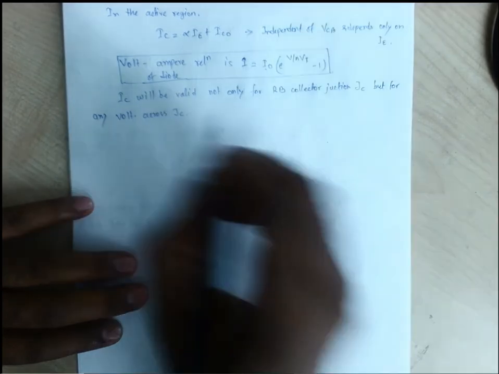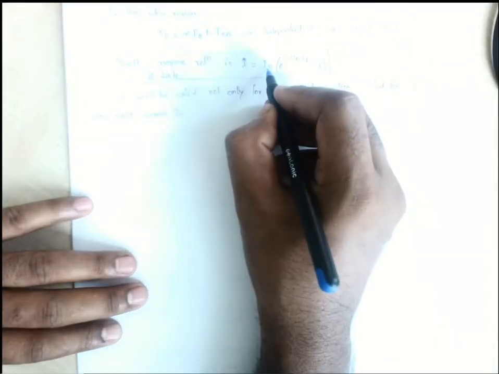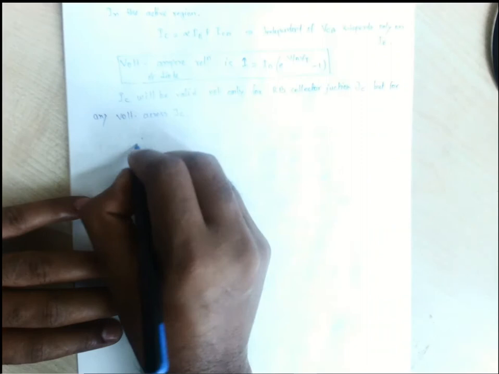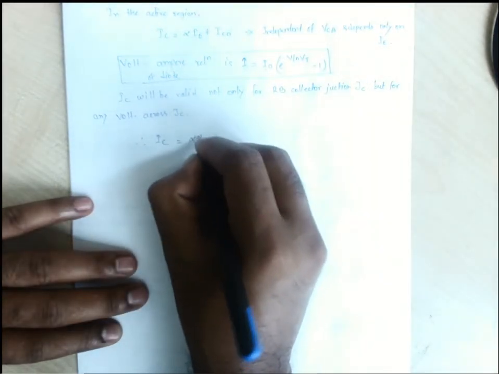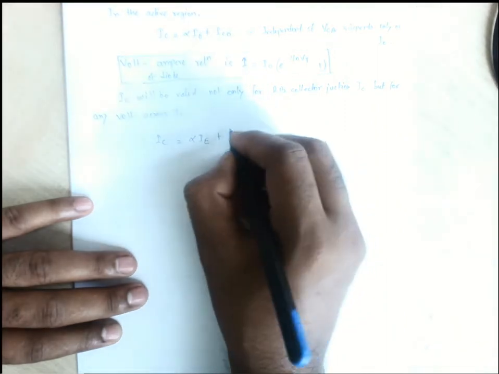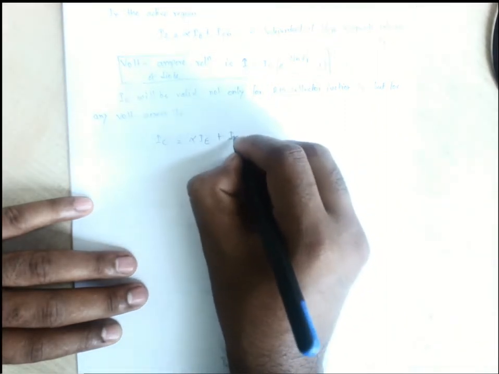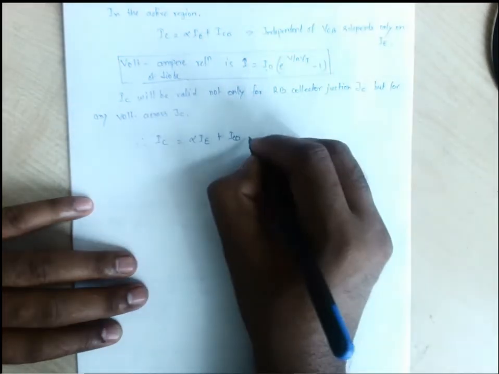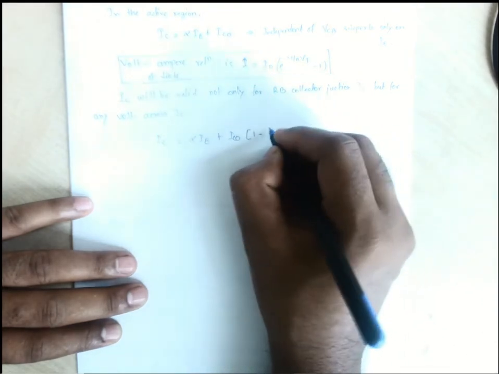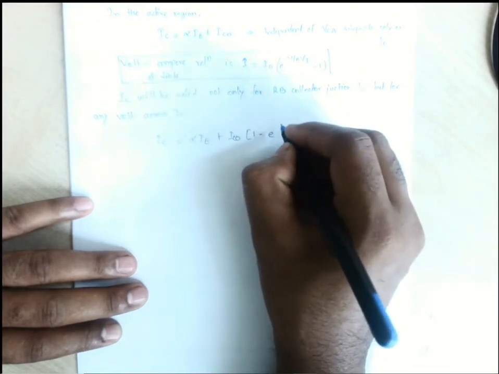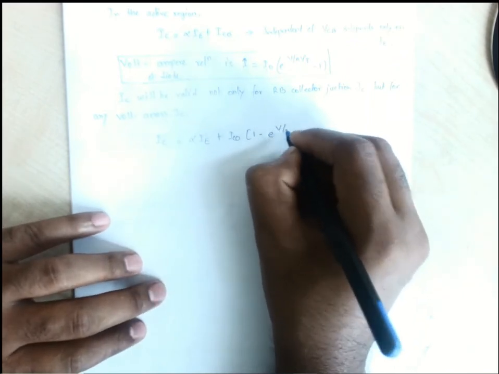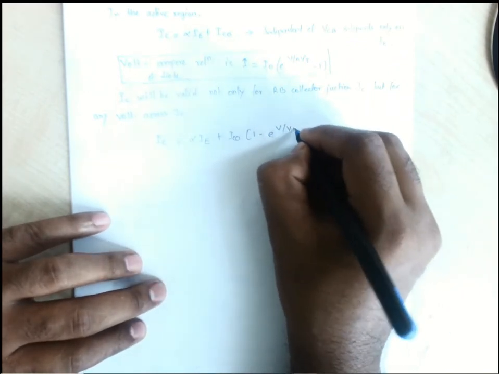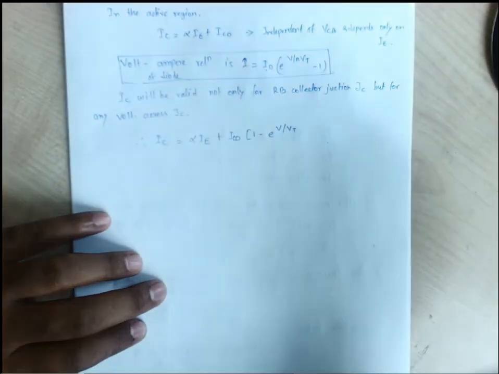By replacing this ICO with this I naught, we have the generalized expression of IC as alpha IE plus ICO times 1 minus e to the power V by Vt. Let us take eta as 1.